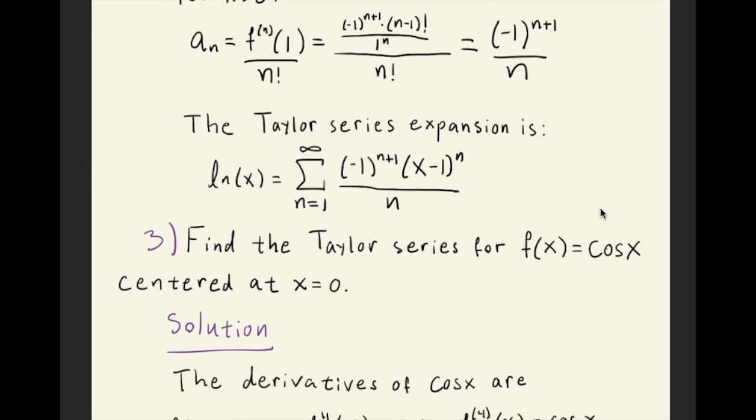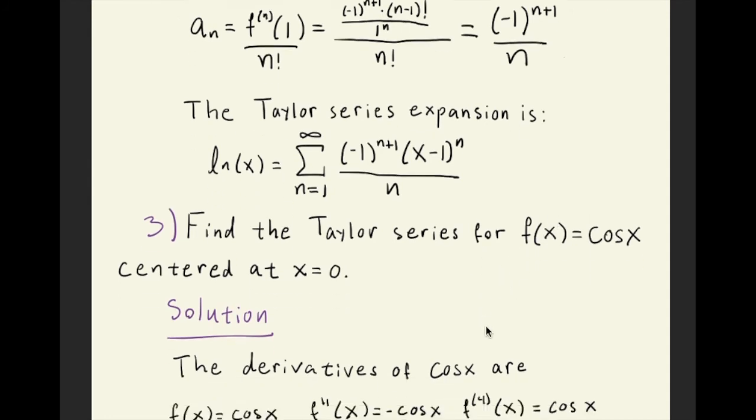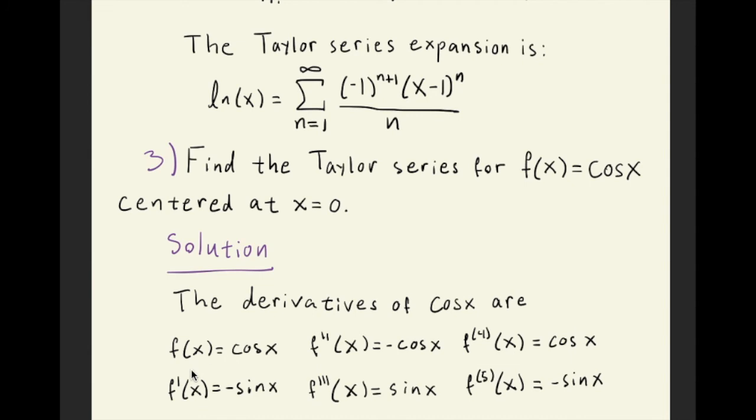Solution. First, compute the derivatives of cosine. So f of x is cosine. The first derivative is negative sine. For the second derivative, you take the derivative of negative sine, which is negative cosine. The third derivative is the derivative of negative cosine, which is positive sine.